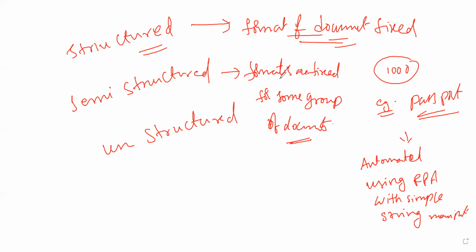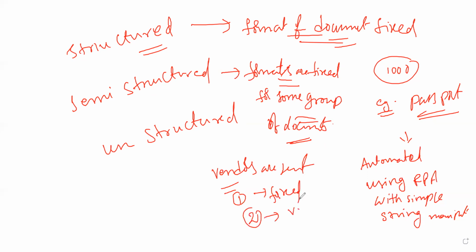So we will have fixed formats, but there will be a variance based on a group. Let us suppose vendors are sending invoices. For one particular vendor, the format will be fixed. If we take another vendor, there will be a variance compared to the previous. So we call these semi-structured documents.